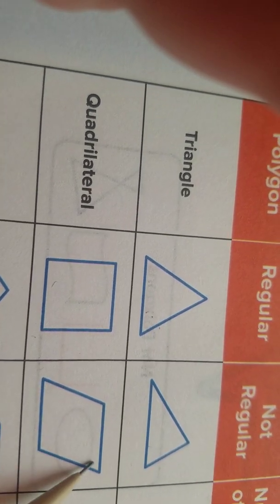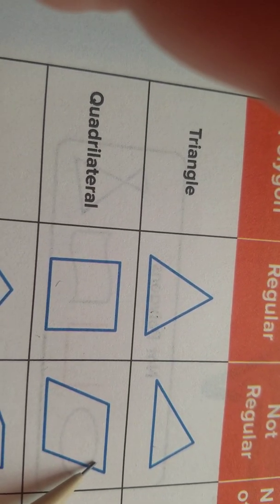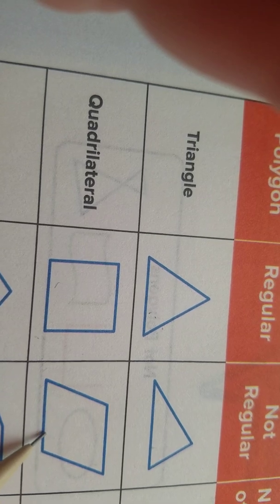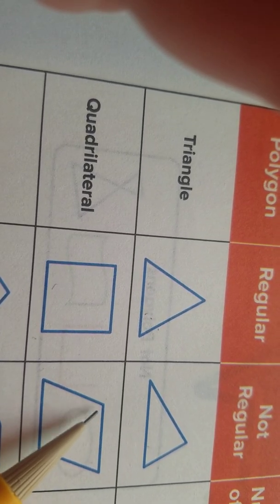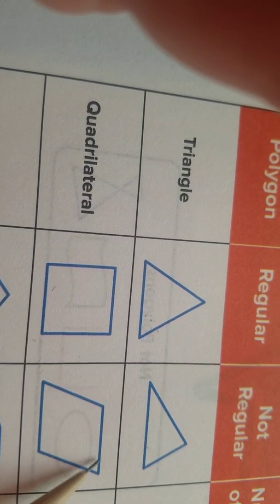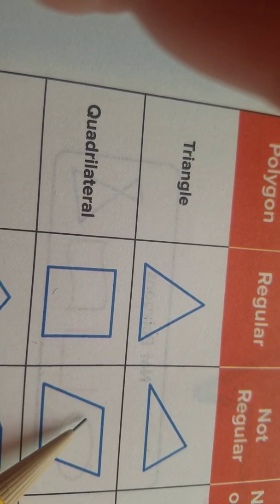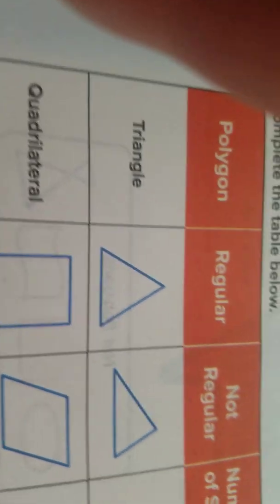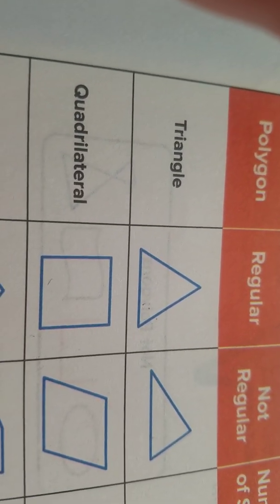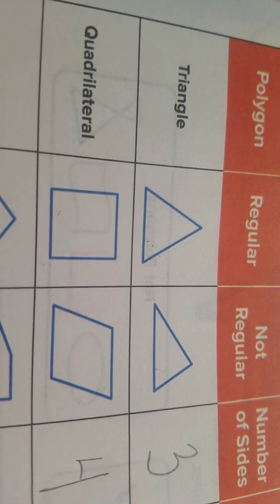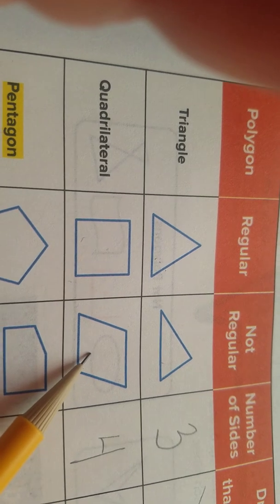This angle and this angle, if you look at it, are much more narrow than this angle and this angle. This angle and this angle are acute angles, but this angle and this angle are obtuse. They're a little bit wider than 90 degrees. But there are 4 sides in both of them, so they're both quadrilaterals. This one's a regular quadrilateral, this one is not.